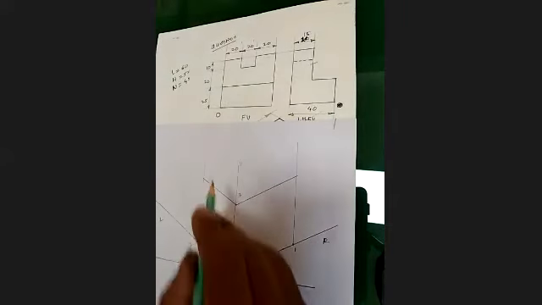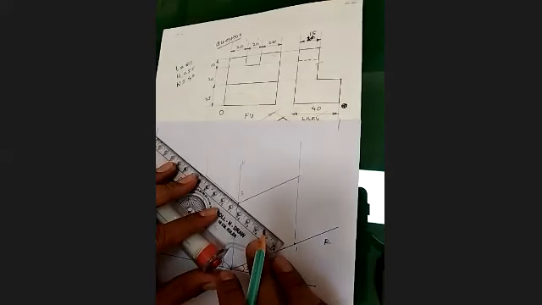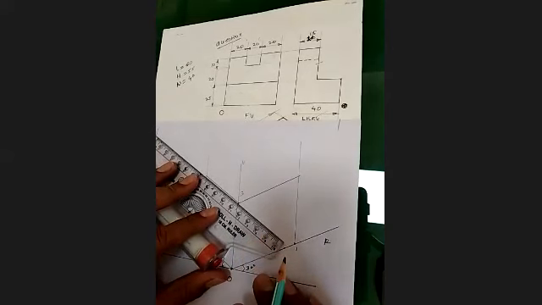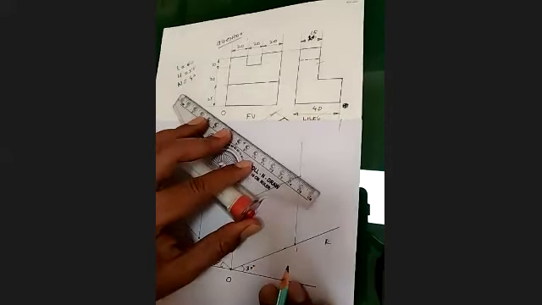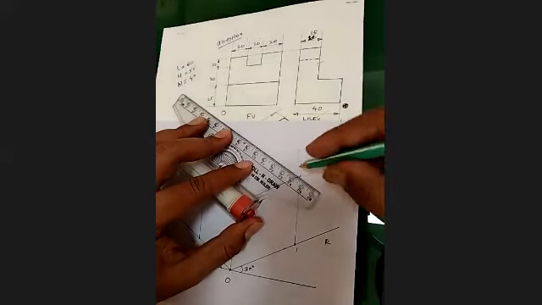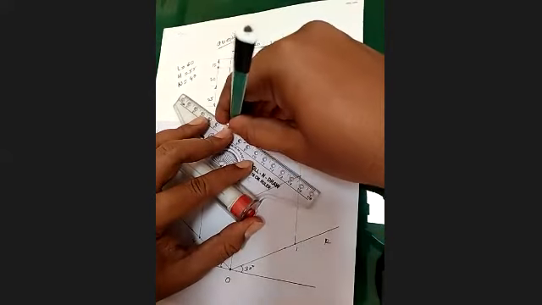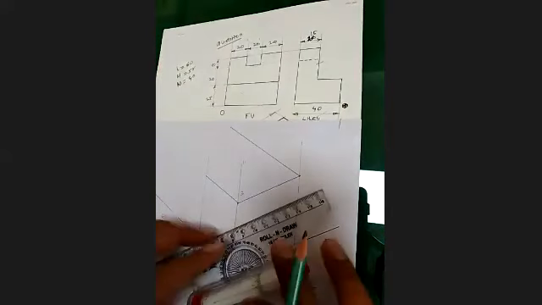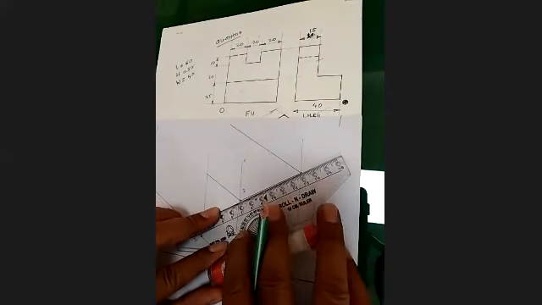Similarly, through this point, I will take the parallel line to the left axis to get the box. Then I will take the line parallel to the right axis.